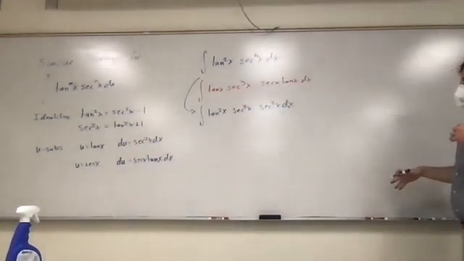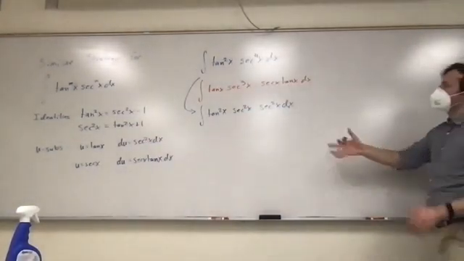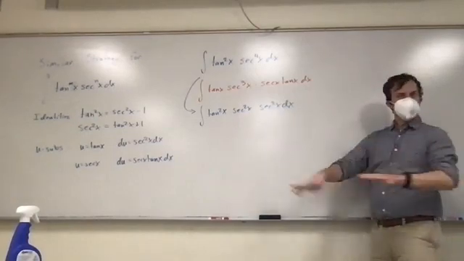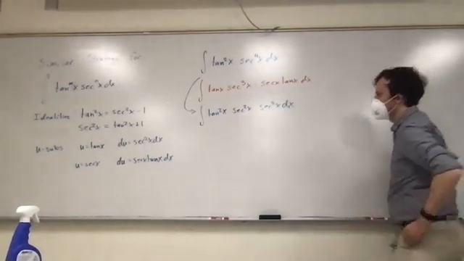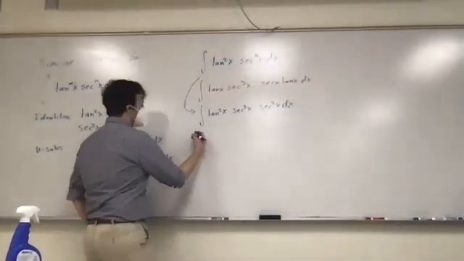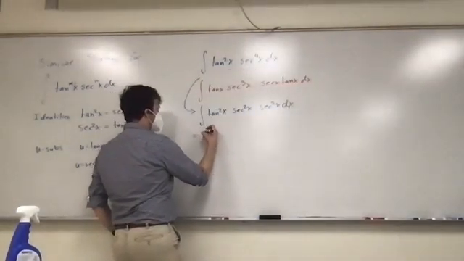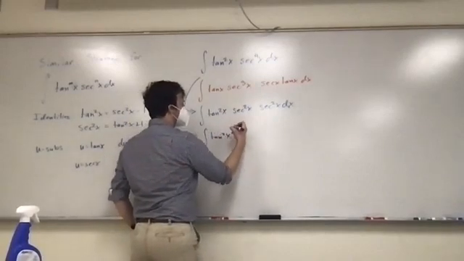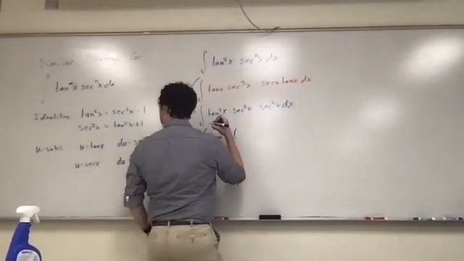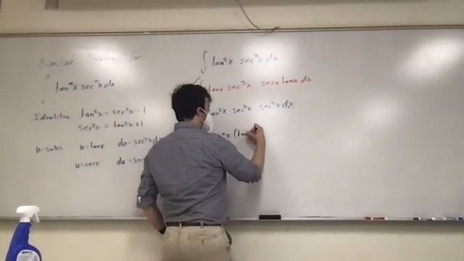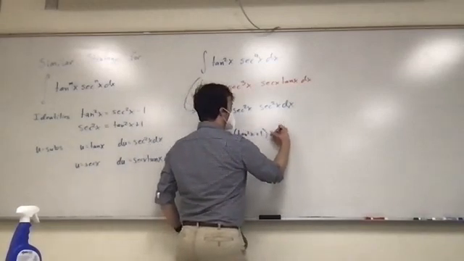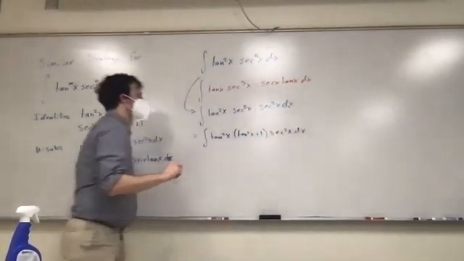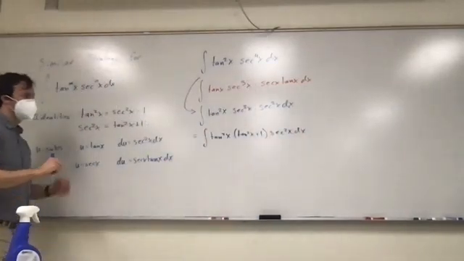So we are able to set this up as a bunch of tangents and then a secant squared off to the side, and that paves the way for our u substitution. So the tangent squared that's already there is left alone. Secant squared becomes tangent squared x plus 1. And then our du that we set aside is there. And now we're ready to u substitute.